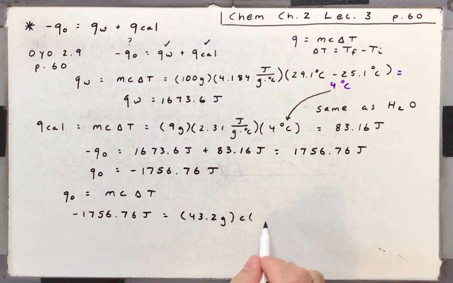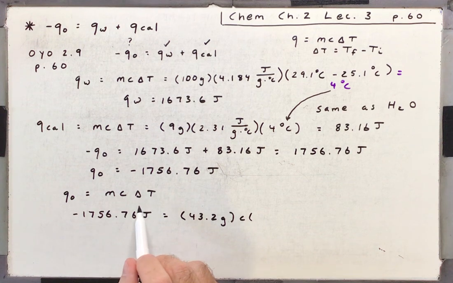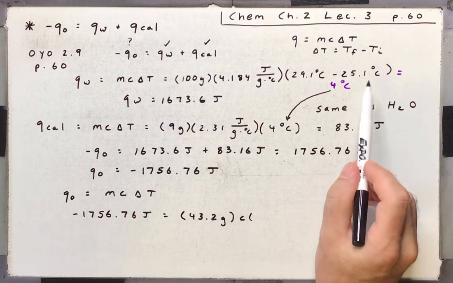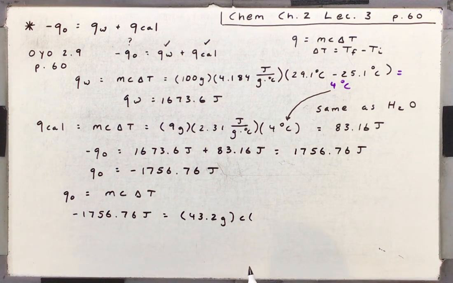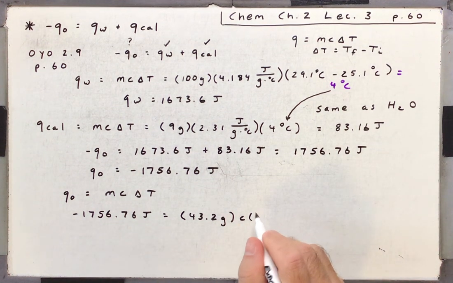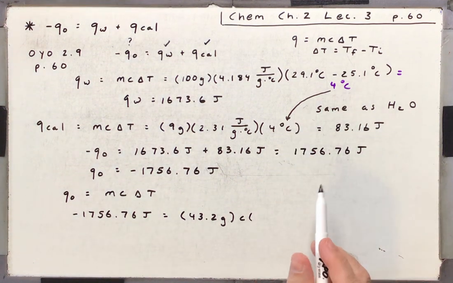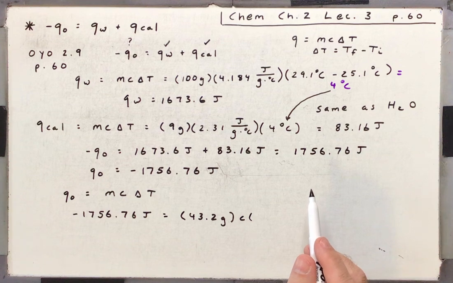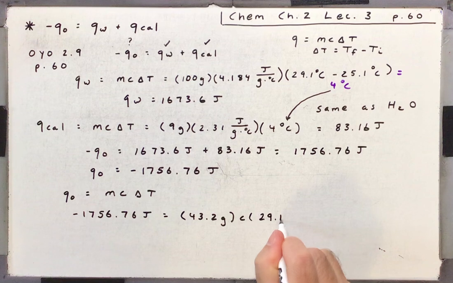And then delta T. Well, the final temperature of the object is the same as the final temperature of the water and the final temperature of the calorimeter. They all equalize to the same temperature. So if you look in the problem, it says the final temperature of the water is 29.1. That's the final temperature of the object as well.